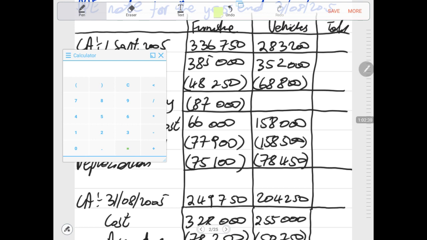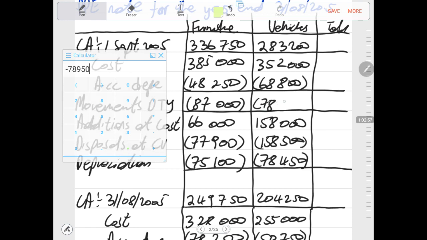Remember, additions are positive, disposals are negative, depreciation is negative. 158,000 minus 158,500 minus 78,450. It gives me negative 78,950. Please make sure that you transfer the figures under the totals, guys. It's very important, very crucial.